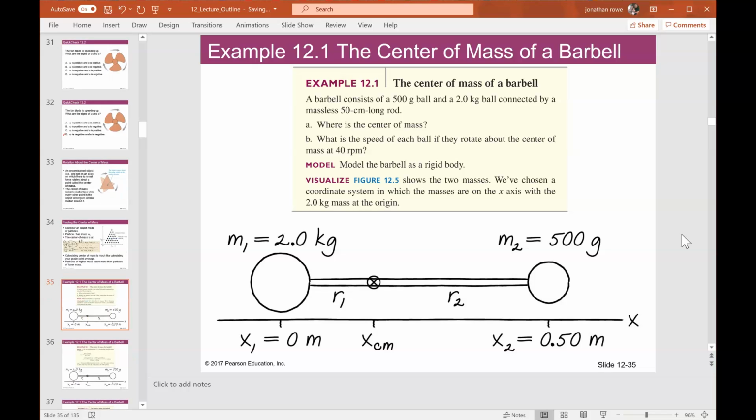All right, here's a good example. This barbell is unbalanced. It's got a 2 kilogram mass on one end and a 500 gram mass on the other end, connected by a quote unquote massless 50 centimeter long rod. Use that formula from earlier.